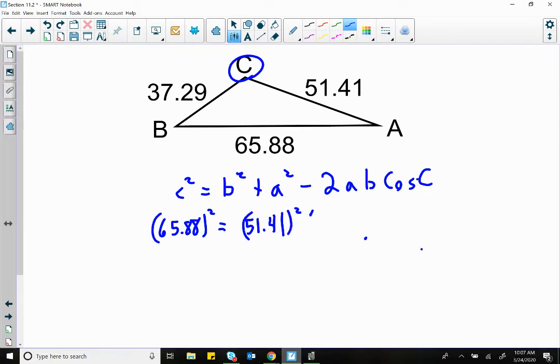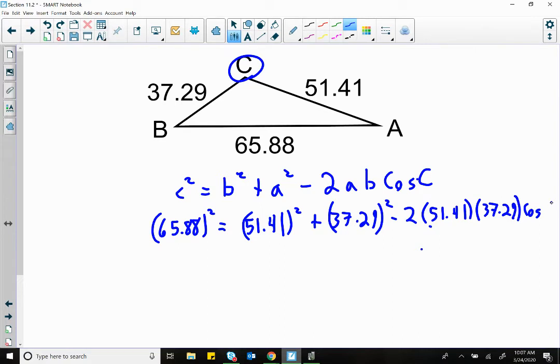Your A, which I always let be the smallest side, plus 37.29 squared minus 2 times 51.41 times 37.29 cosine C.